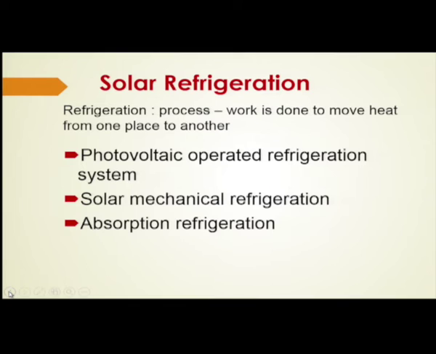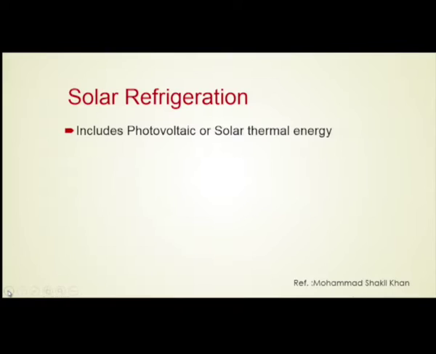These are the 3 major types of solar refrigeration systems that we are going to see in this webinar lecture. So first we see about solar refrigeration. It includes both photovoltaic and solar thermal energy. We can use either the photovoltaic effect or the thermal effect.